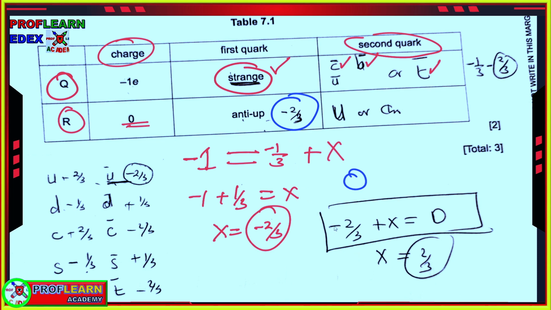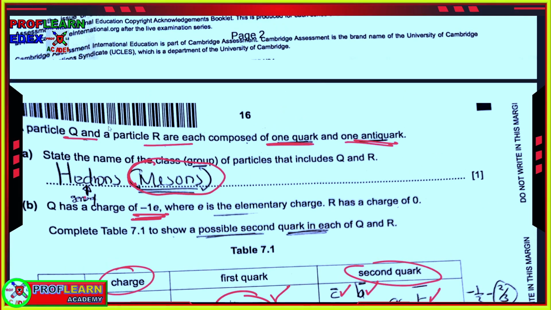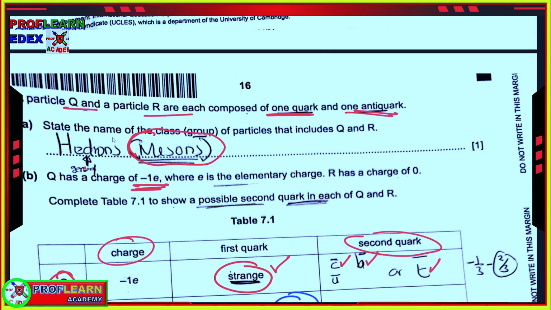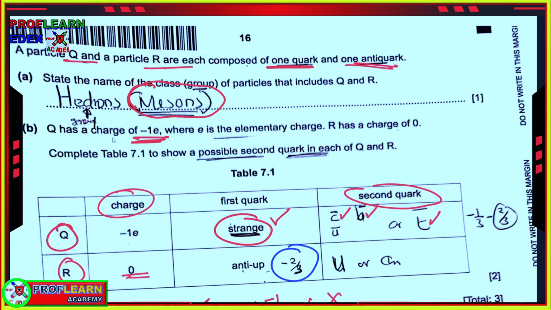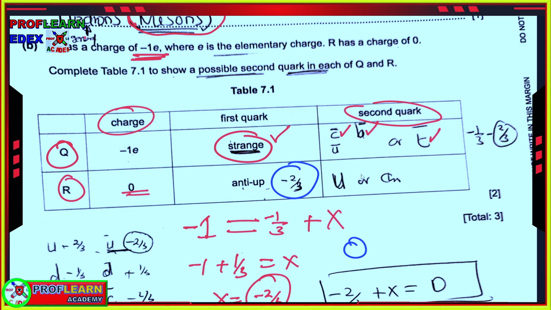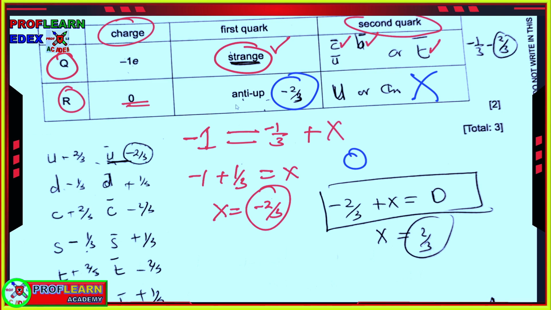This type of particle is made of anti-up and another particle which we don't understand. So -2/3, because that is the charge of the anti-up, plus x, which we don't know, is equal to 0. So basically x is going to be 2/3.